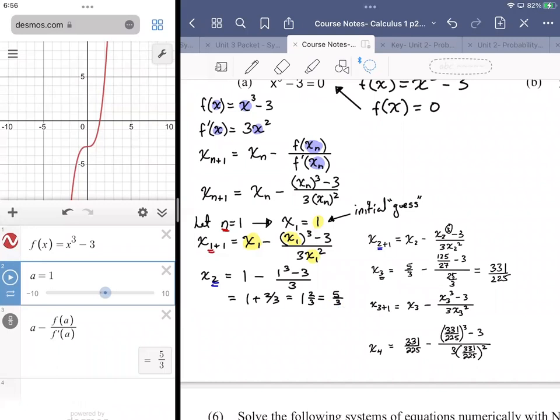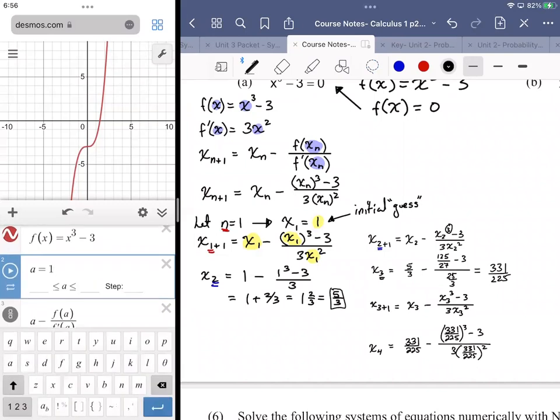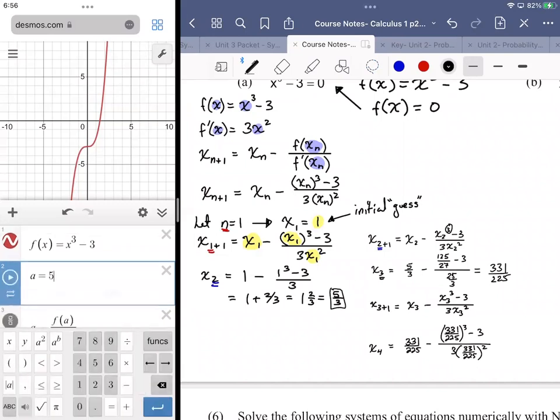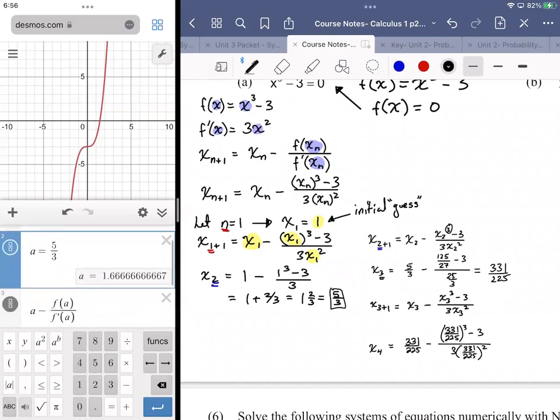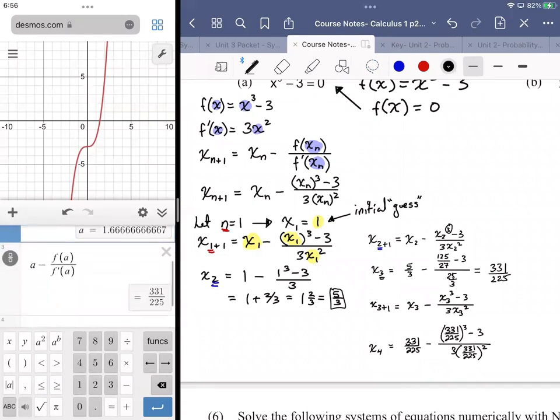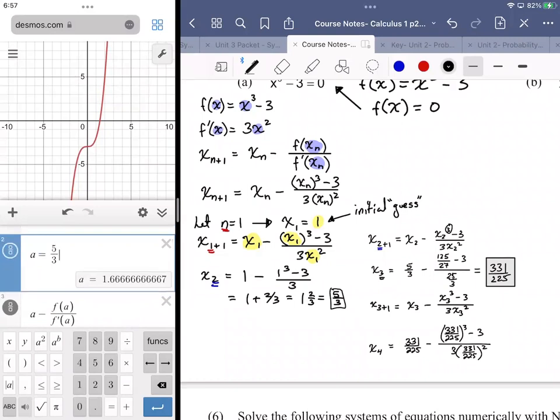Then what I would do is take this number and plug it back in for a. So make my a value 5/3. And now it gives me 331 over 225. So then I would take my 331 over 225.